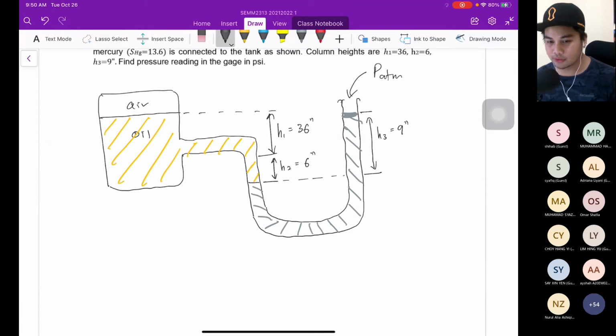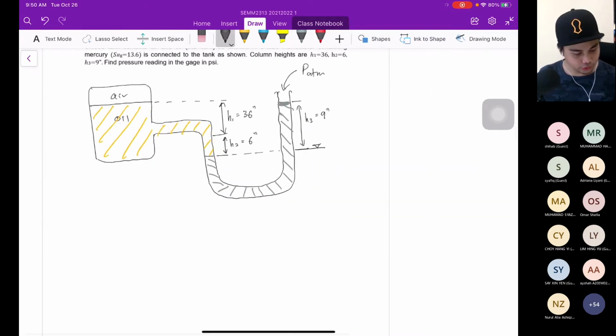My advice to you, set it here. Why? Because this reference line is connected to H3 as well as H1 and H2. If you put the reference line somewhere else, how to get this value? It is very difficult, right? So choose the one that is connected to each other.